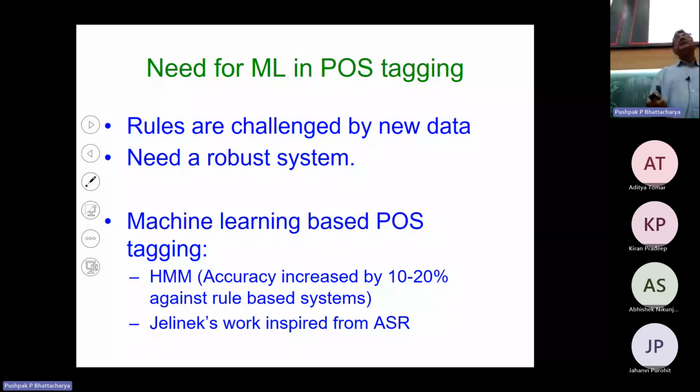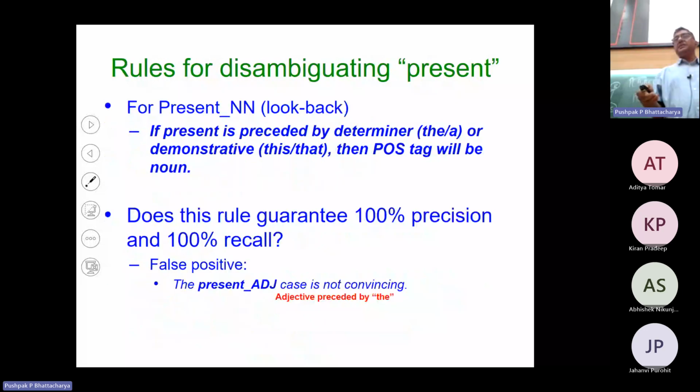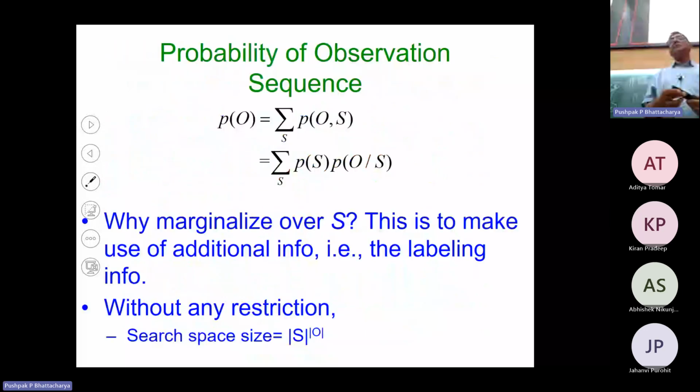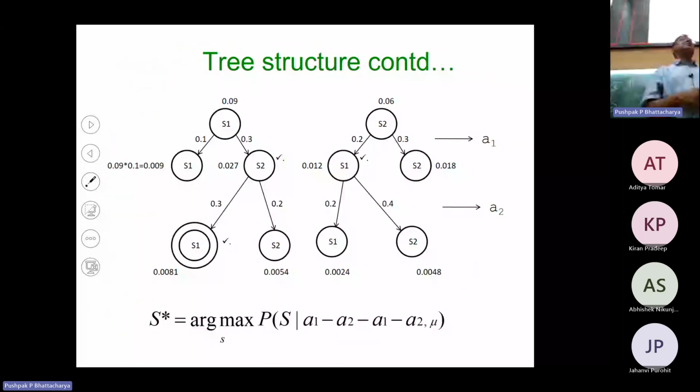Okay. Now, let me finish the lecture by pointing to you one important concept: probability of observation sequence. So probability of a sequence of words, for example, this we understand is the language model. Probability of the observation sequence has to be found out by introducing the state as a random variable.